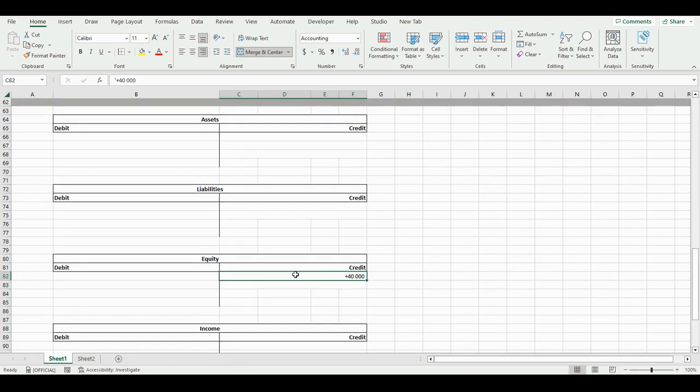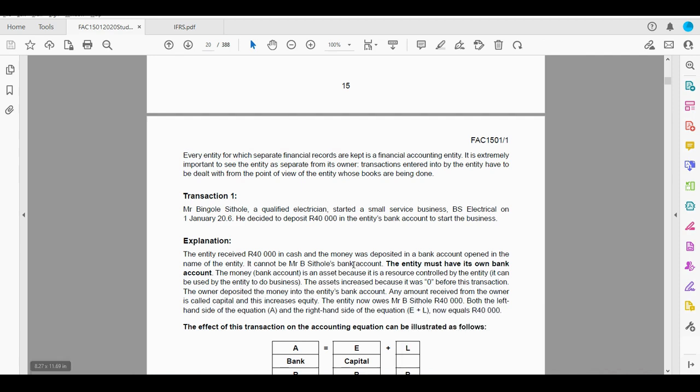Right? And what else is going up? Let's go back to this question. He put the money into the business's bank account. So now the business's bank account has money. It's an asset. Now the business has money in it. It was given in by the shareholder.